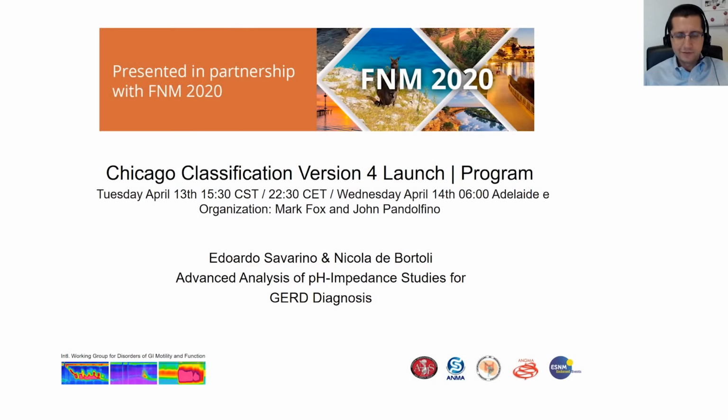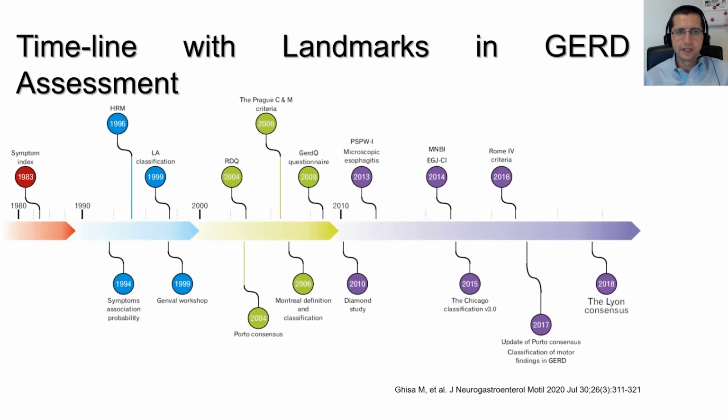Dear colleague, welcome and thank you for the opportunity to present today about the Lyon classification and the use of advanced analysis of pH impedance studies for GERD diagnosis. As you know, over time, different attempts have been made to better define patients with esophageal symptoms, in particular those who are suspected to have GERD.